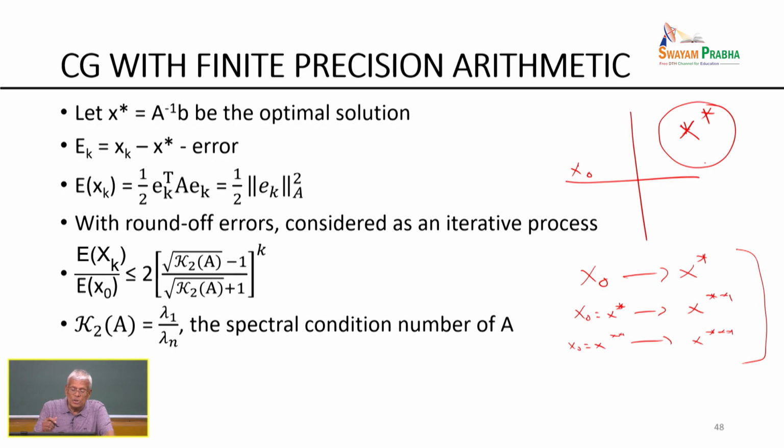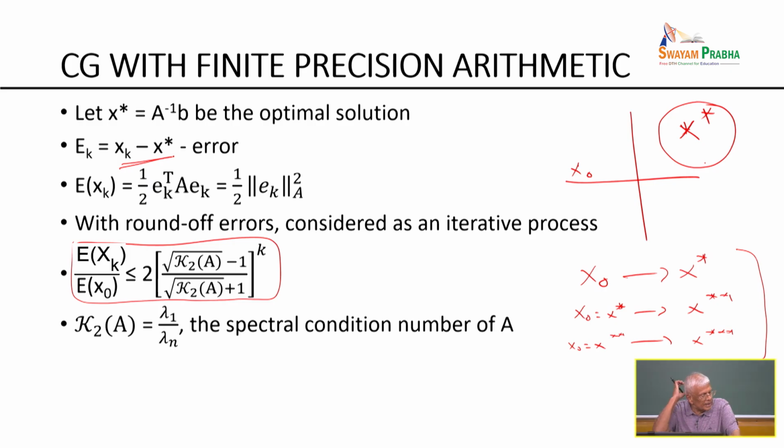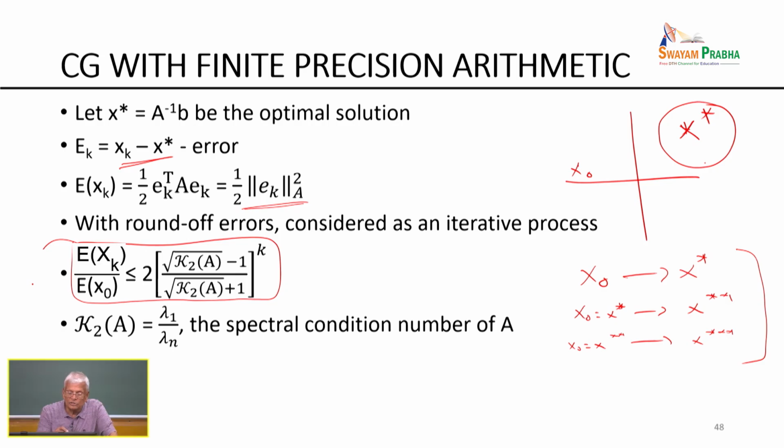Therefore, how do you compute the ratio of the errors due to this iterative technique? You remember the same error x_k minus x star that we used in the gradient algorithm. You remember the square of the energy norm of the error: E(x_k) divided by E(x0) is less than or equal to ((square root of kappa_2 minus 1) divided by (square root of kappa_2 plus 1)) to the power k.